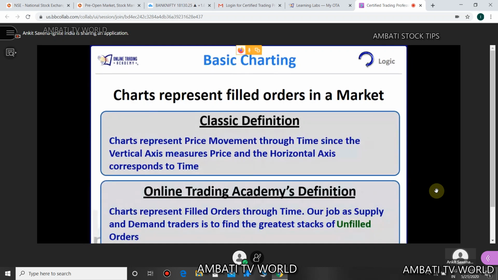Our job is to find the unfilled orders, which are hidden somewhere inside the filled orders, and that is our task to identify.